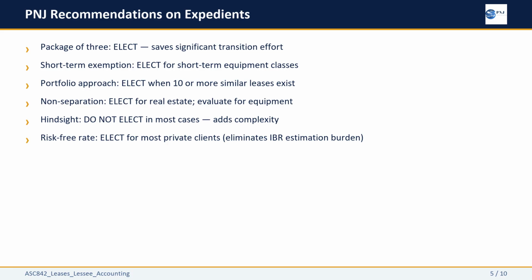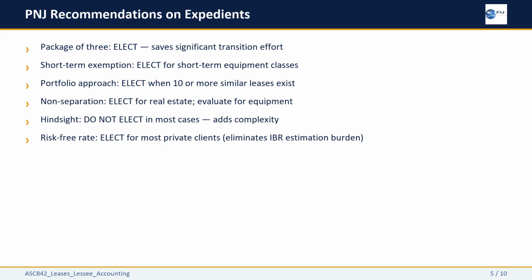The non-separation election is particularly useful for real estate, where separating landlord services from the lease component adds complexity with limited benefit. Hindsight, however, adds complexity rather than removing it. Avoid unless there is a specific reason. And for private company clients, the risk-free rate election eliminates the IBR memo burden, though at the cost of a larger balance sheet.